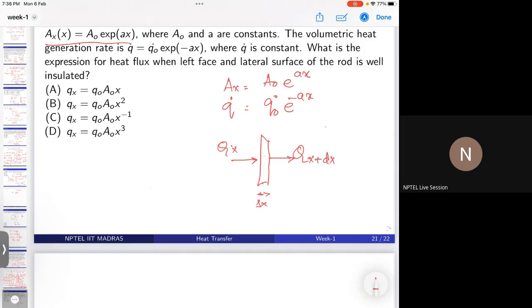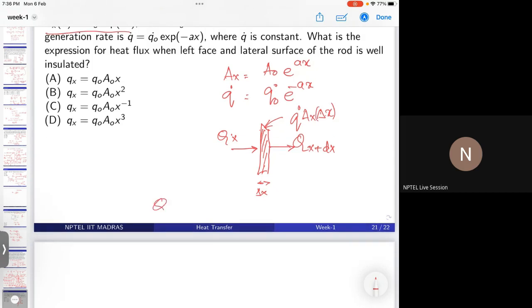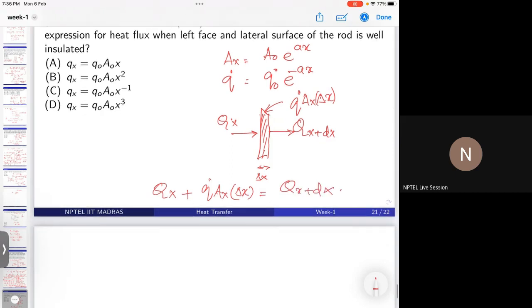And there is some heat generation happening, that I am writing as Q dot into A(x) into delta x. So if we write the energy balance, Qx plus Q dot A(x) delta x should be equal to Qx plus dx. I hope this is clear up to this much.